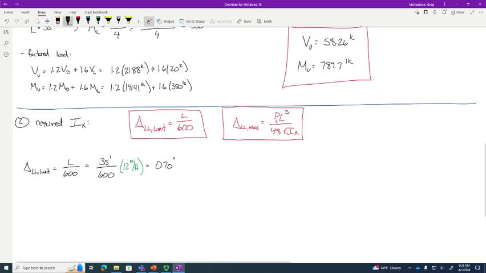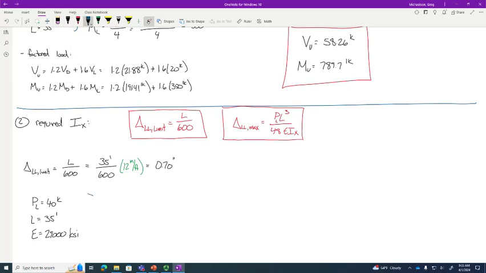We know that P is what? 40 kips. L is 35 feet. And E is what? There we go. It's I we don't know.